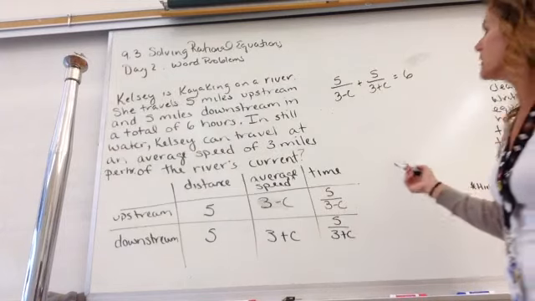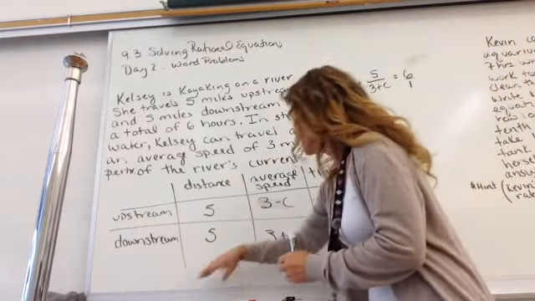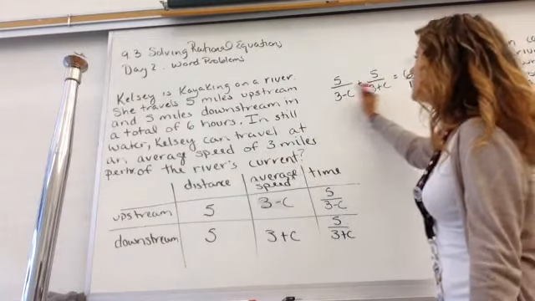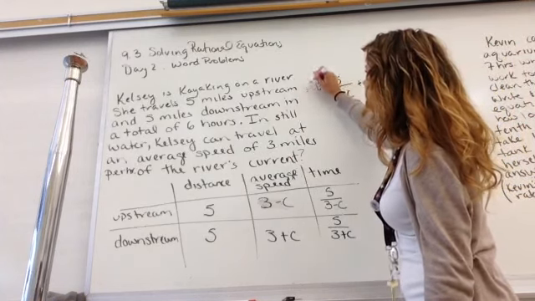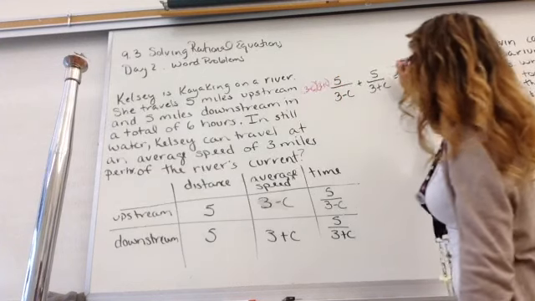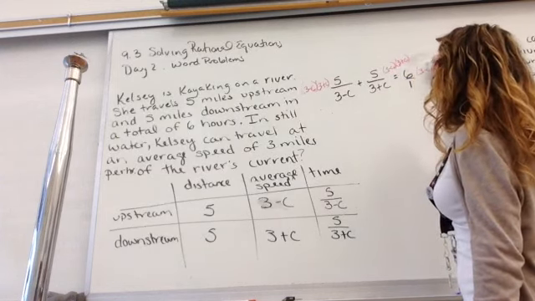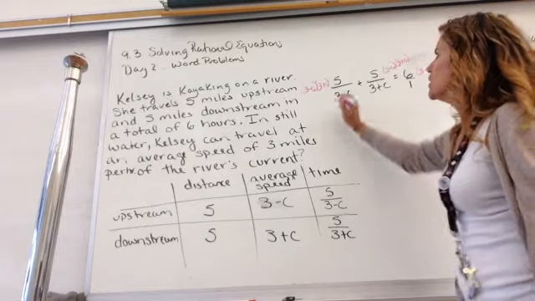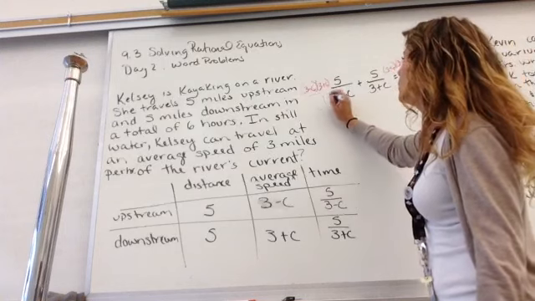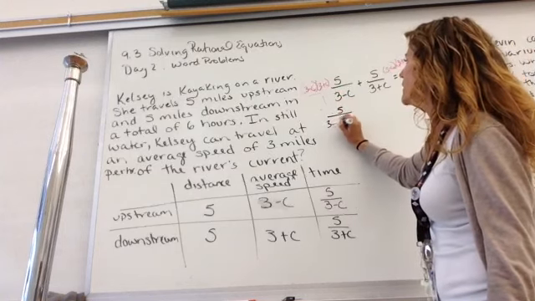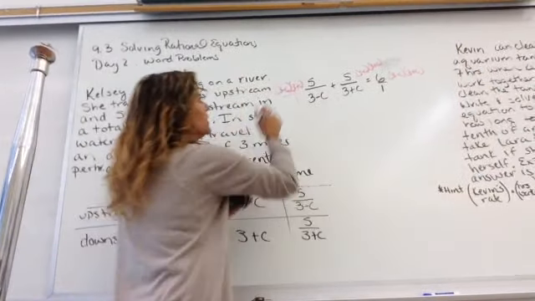Now, we need to find our common denominator. Well, the common denominator is simply 3 minus c times 3 plus c. So I'm going to write that on each of these. When we write this all out, we have 5 over 3 minus c, or excuse me, that's not right. 3 minus c is in the bottom, but this is all on top.